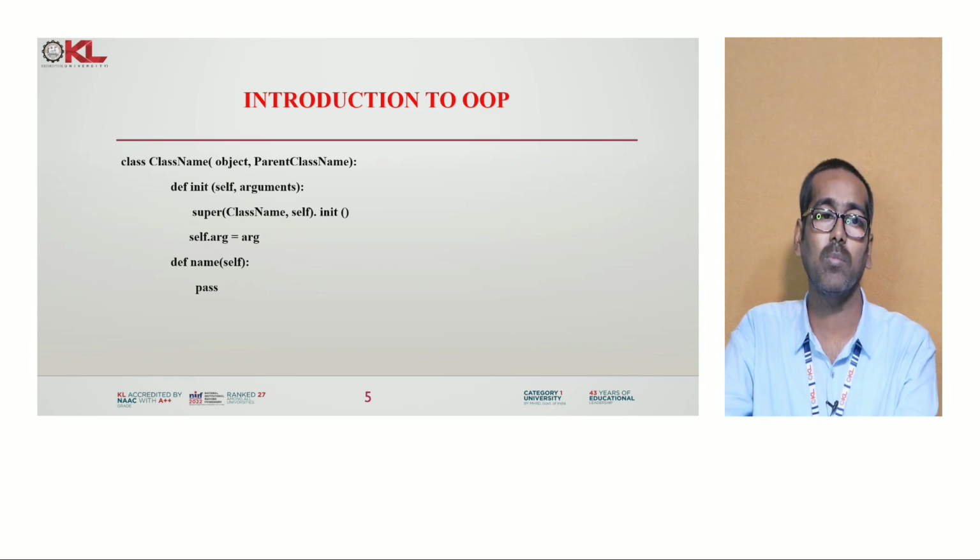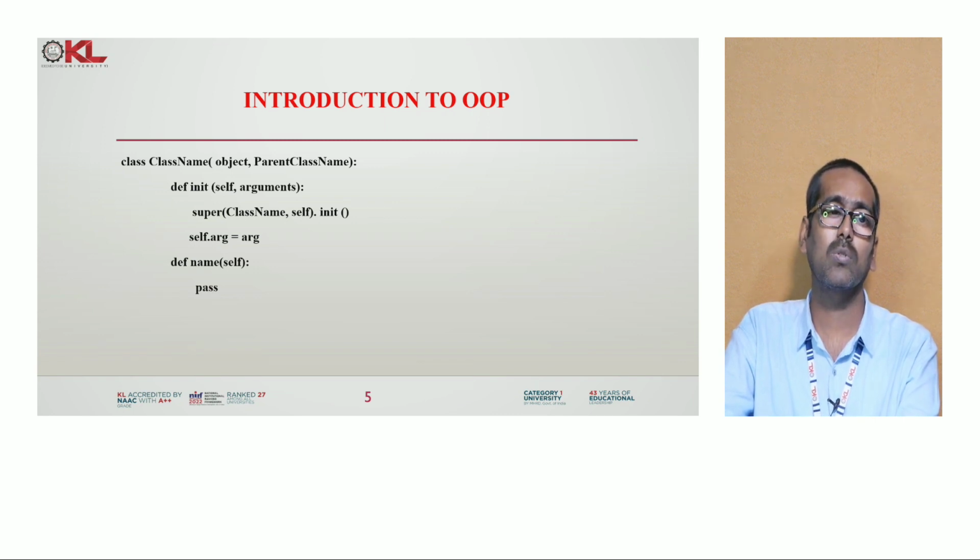Just give a tab, not spaces. I personally recommend you not to use the space bar, use the tab to give the space, then it will be better. So it is called delimited indentation. We'll see that in the coming days.